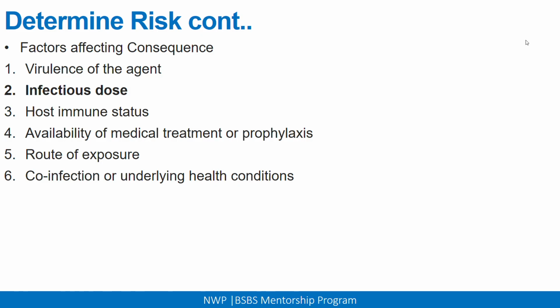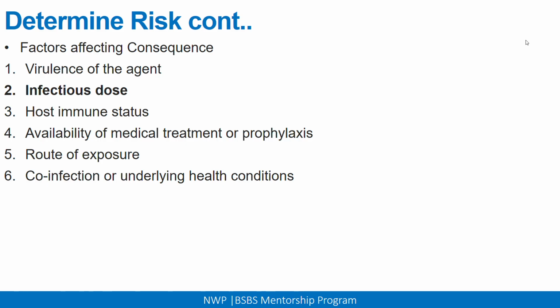Co-infection or underlying health conditions. Under this one, if you have people that have underlying conditions in the laboratory, so for example, people that have hypertension, or diabetes, or any terminal illnesses, it's always best to not expose them to certain sections where they'll be handling high risk types of agents, such as maybe MTB, and the other types of infections such as hepatitis.